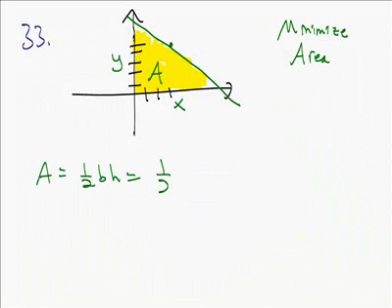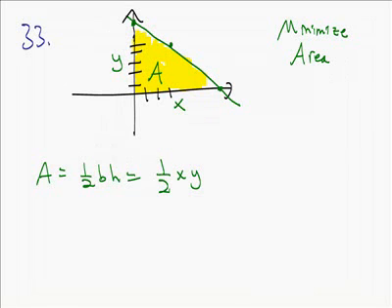So the area that we're trying to minimize is going to be 1/2 x times y, where x is where we intercept the x-axis, and y is where this line intercepts the y-axis. Well, again, the problem is that we have two variables in our area function that we're trying to minimize. What to do?